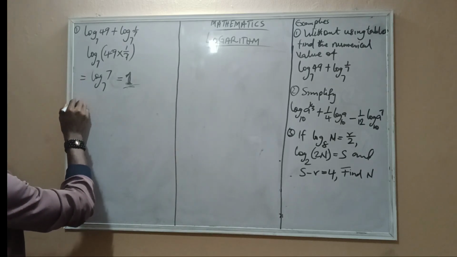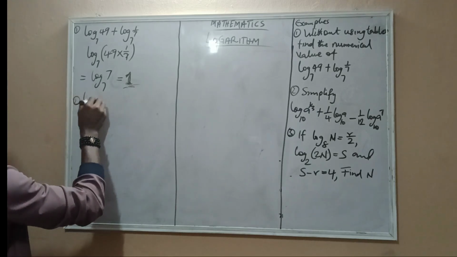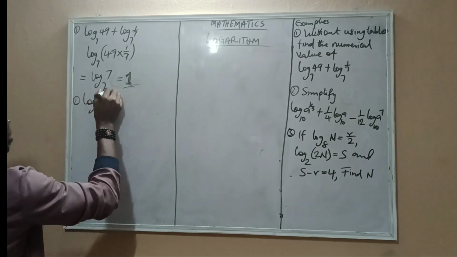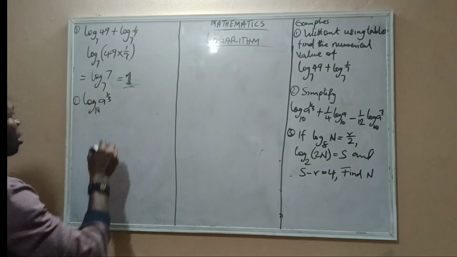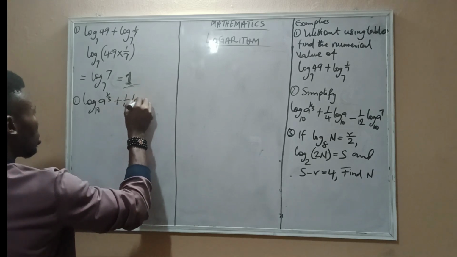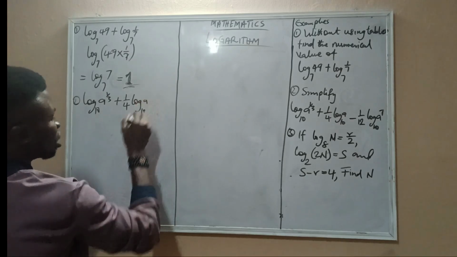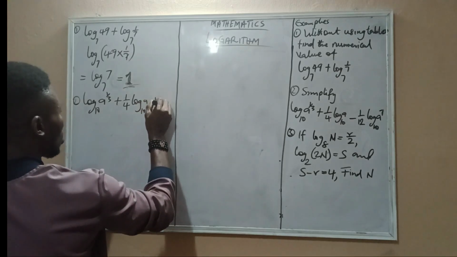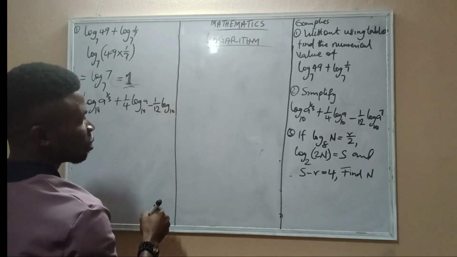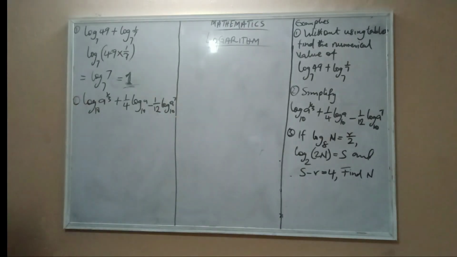Now, the second one says, number 2, I will simplify log to the base 10 of a to the power 1 over 3 plus 1 over 4 log to the base 10 of a, then minus 1 over 12 log to the base 10 of a to the power 7.